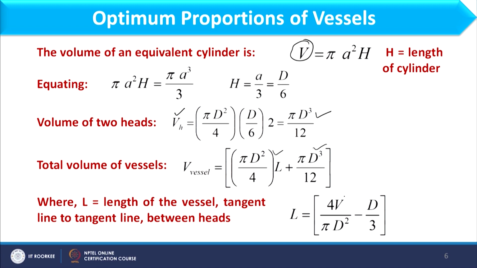So here we can write the expression of L as 4V by pi d square minus d by 3. Now what is this volume? This volume is the total volume of the vessel. Now what does this volume signify? For example, if I am having any plant, I know the production capacity of that plant. Once I know the production capacity, I know the raw material requirement in a given ratio. So once I know the raw material requirement, I will be aware of how much volume of feed will be used for processing.